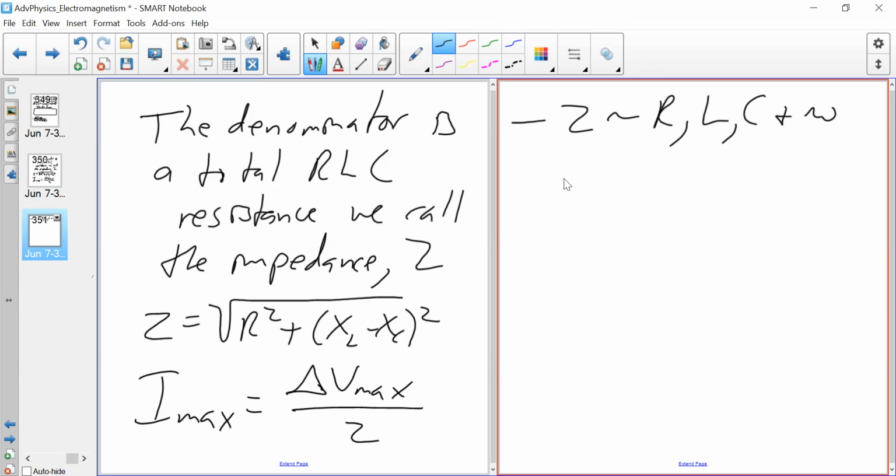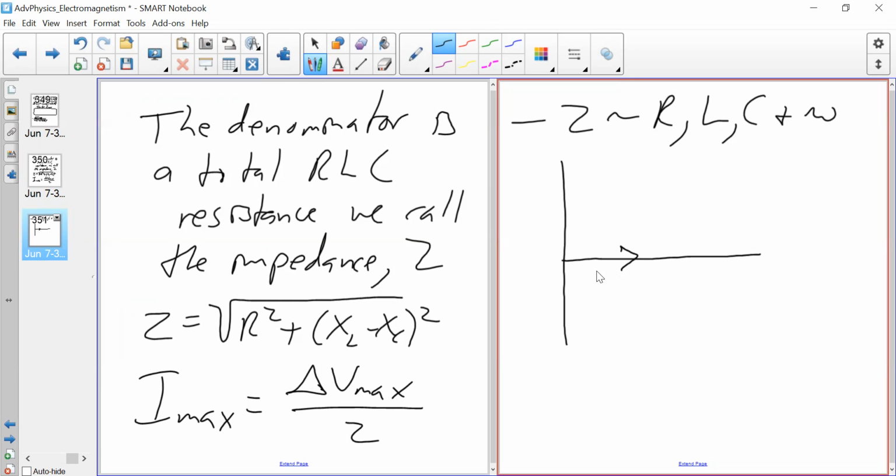Now, in terms of the phasor for the maximum voltage, we can combine all the phasors together.